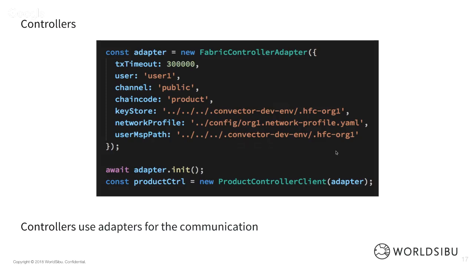So these adapters are what make Convector really flexible and really cool for what you need to do. If you don't like, for example, what we have in the official Fabric controller adapter and the way we handle transactions and things like that, you can pretty much use or create your own Fabric adapter if you need to, if there is any edge case or specific case that we don't support on the official one.